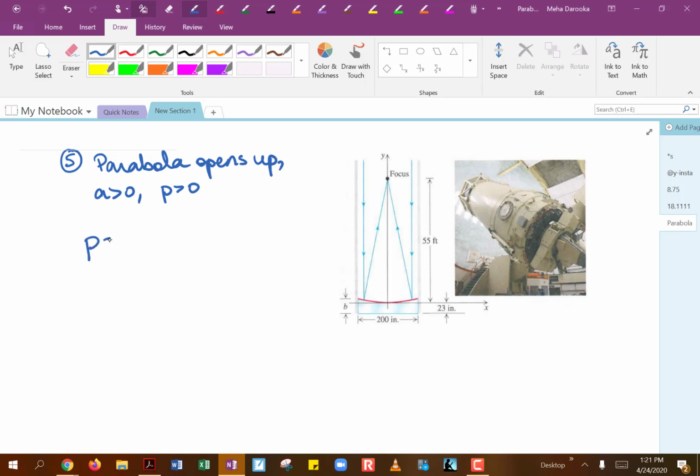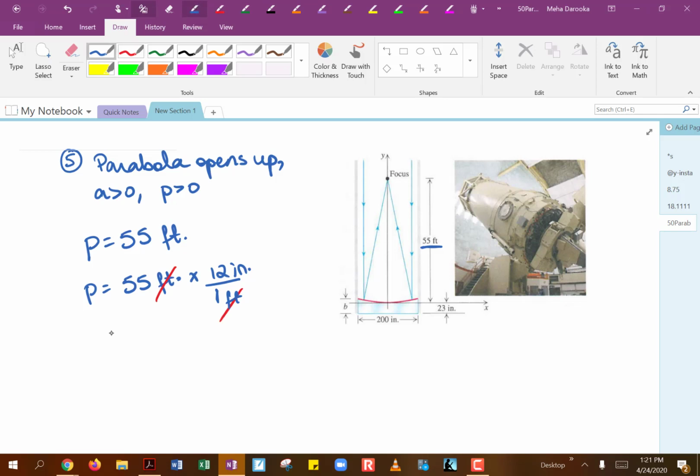Now we know the p value is 55 feet, and that's coming from here, but we need to convert this into inches. So basically 1 foot has 12 inches, so that's the calculation we're going to use.